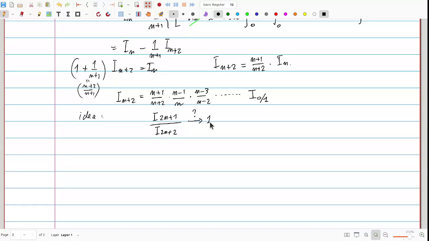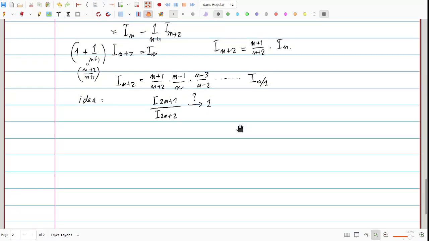These two sequences cannot differ too much, so it's not so strange that the ratio is going to 1. And this is actually very easy to prove, because remember that I_n is decreasing, so we can make estimates from above and from below just by changing the terms.